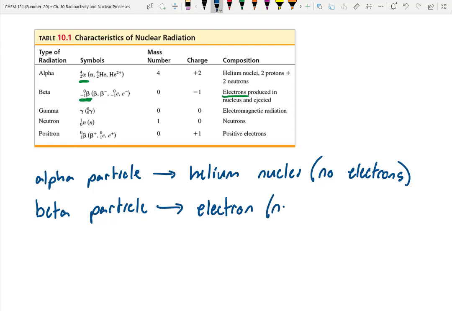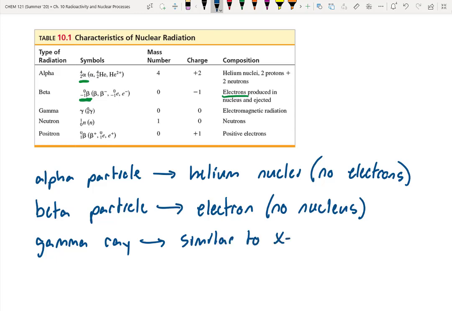However, it has no nucleus. So no neutrons, no protons associated with it. And I said that a gamma ray, that's the other common type, is just similar to an X-ray, but higher energy.